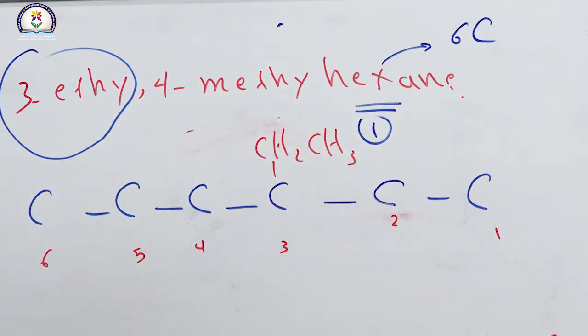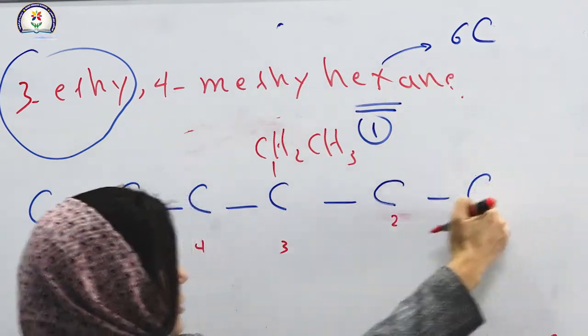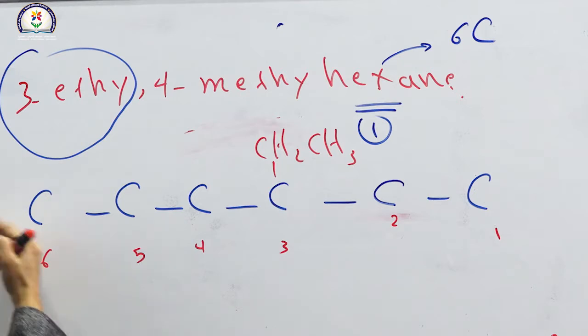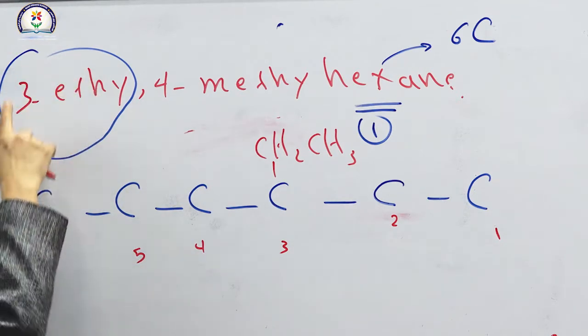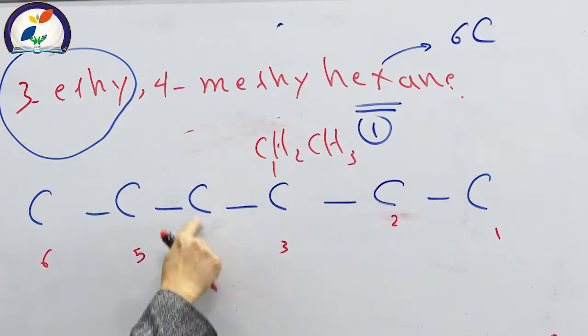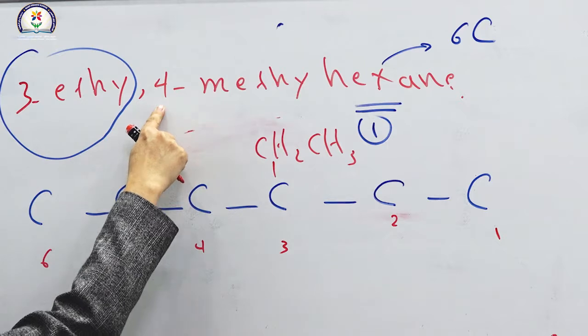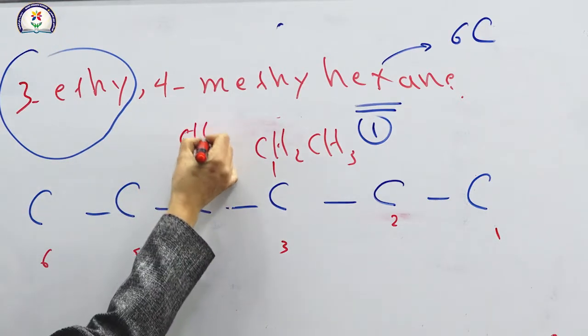I will repeat it. We have a chain. The chain consists of 6 carbon atoms. We are going to assign the places of the branches. At the 3, what we have? Ethyl. At 4, what we have? Methyl, CH3.